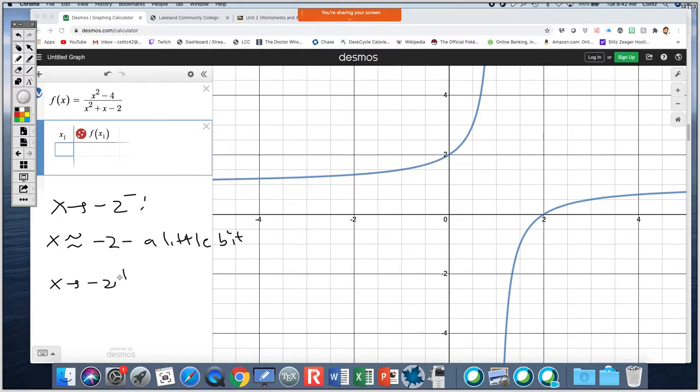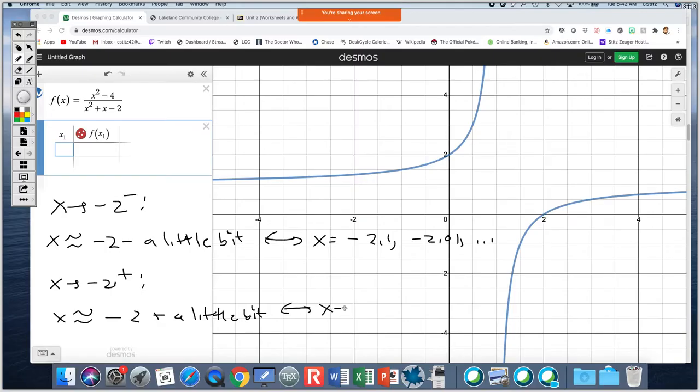X coming into -2 from the right means x being -2 plus a little bit. -2 minus a little bit would be numbers like -2.1, -2.01, etc. -2 plus a little bit would be things like -1.9, -1.99, etc.